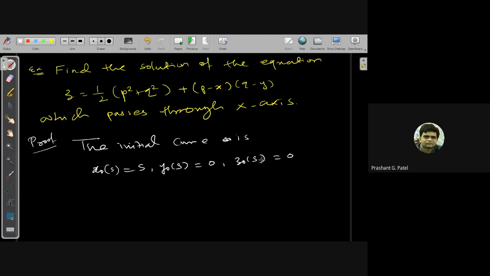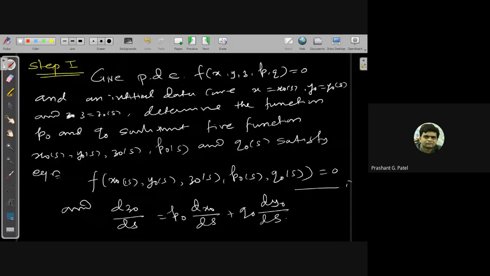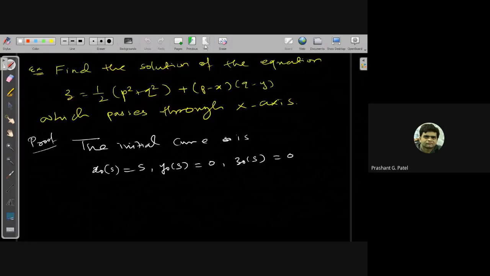Now equations 1 and 2 which we have discussed here, we need to substitute the values of x0, y0, z0, p0 and q0 in the function.